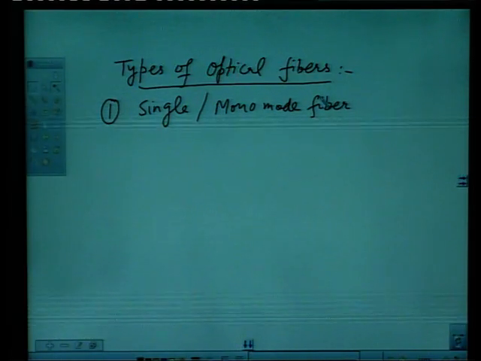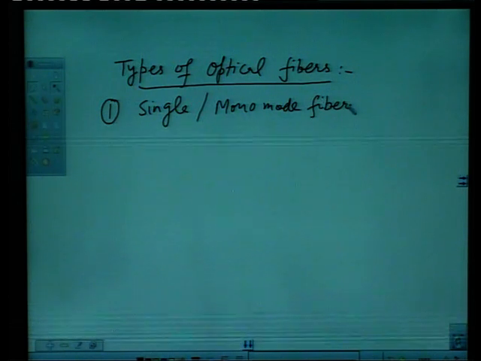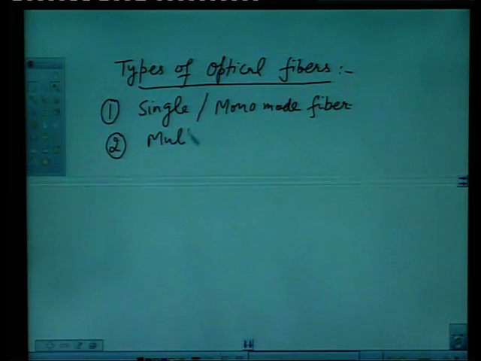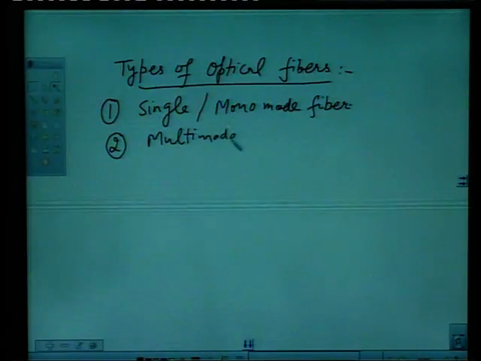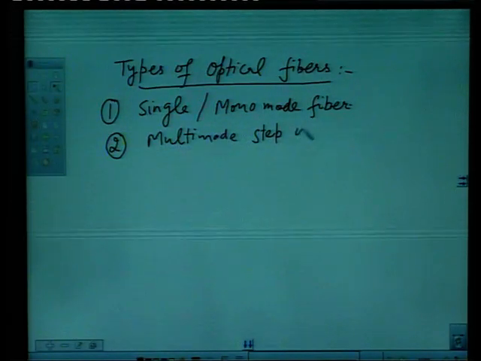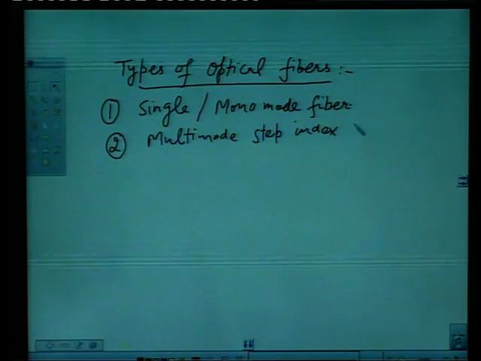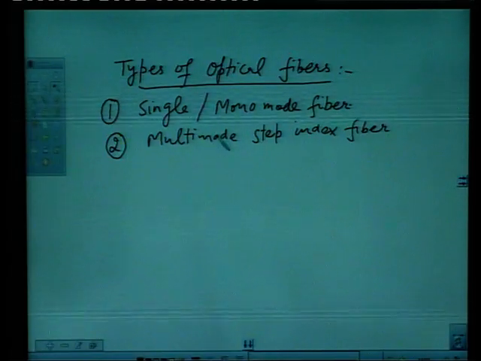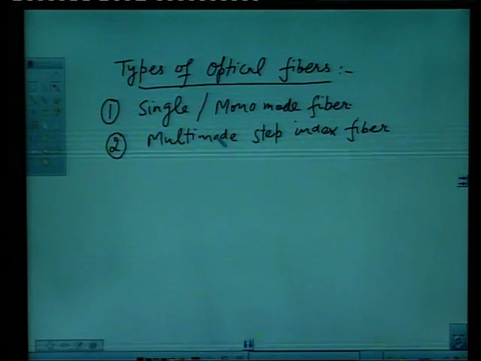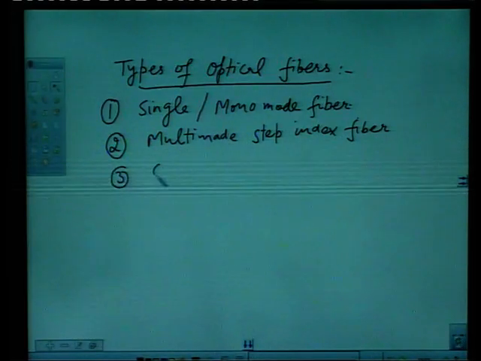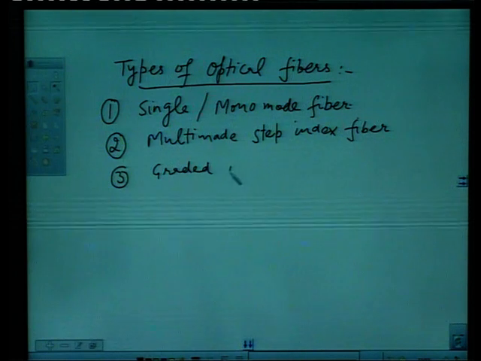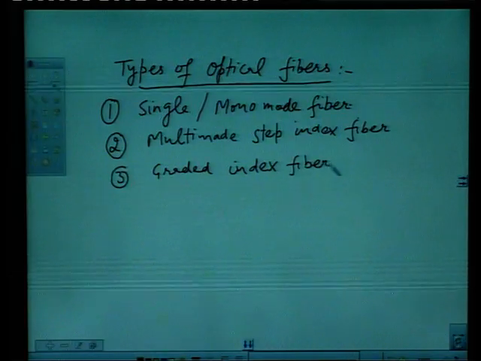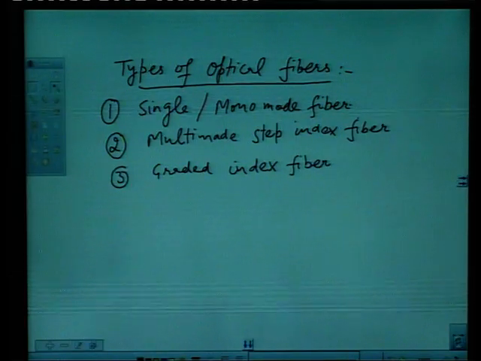Mono means single, so it transmits only one mode of propagation of the light, and the second is multi-mode step index fiber. In this optical fiber there are different modes of propagation of the light. The third is graded index fiber. So these are the three types of optical fibers.